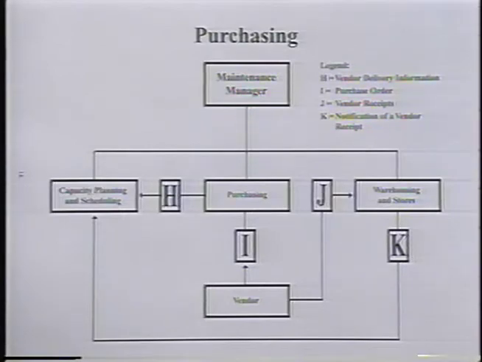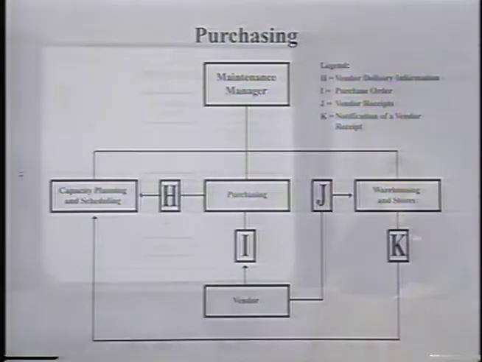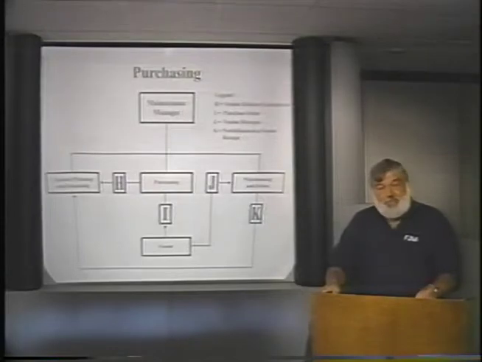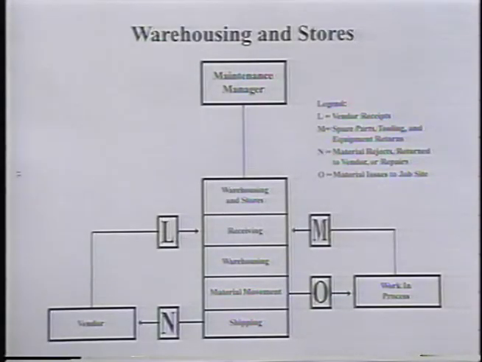And K really is supporting the planner scheduler relative to items that have been received against planned maintenance work orders, so that the planner scheduler is now in a position to take the work order out of a planned state, move it into a scheduled state, and subsequently release that work order to the various maintenance craft personnel.